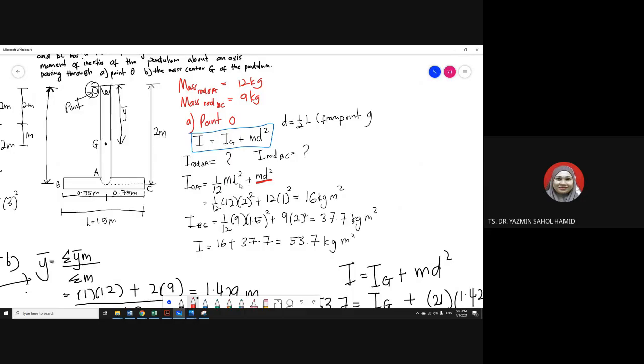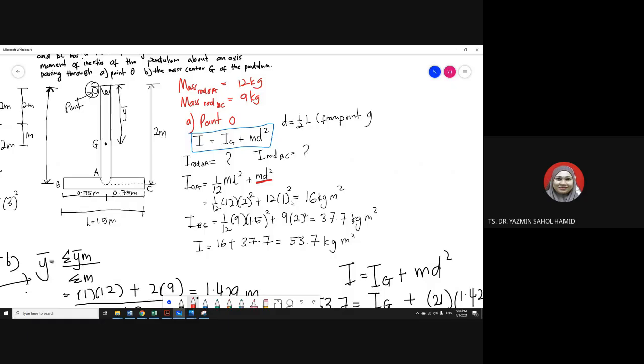Okay, now length is the length of the rod. So untuk rod OA berapa length dia? 2. Okay, jangan lupa square. Plus M. What is the mass of rod OA? Sama 12. Now D. D ni adalah total length of the rod bahagi dengan 2 from point G. Okay. So, what is the total length of the rod? 2. Kalau kita bahagi 2, jadi 1. So, what is D?